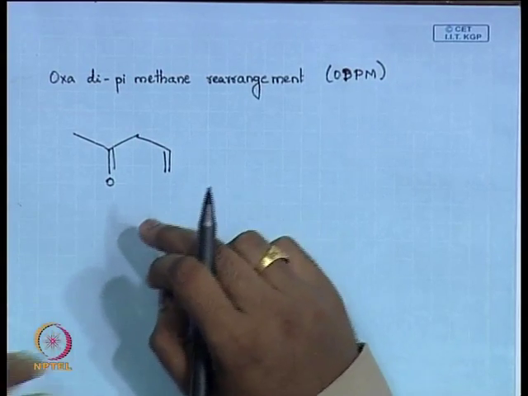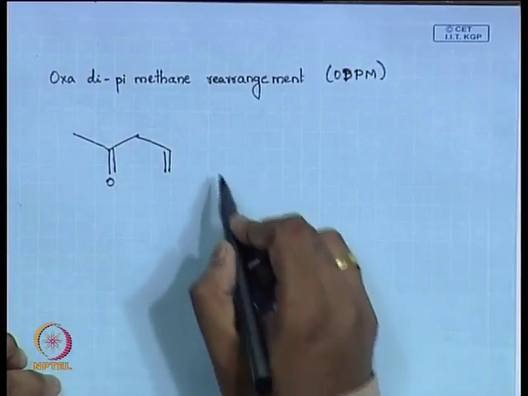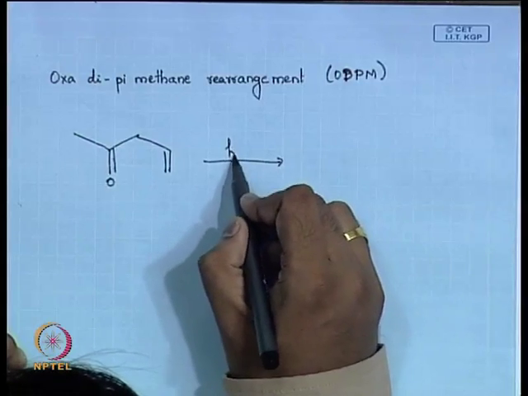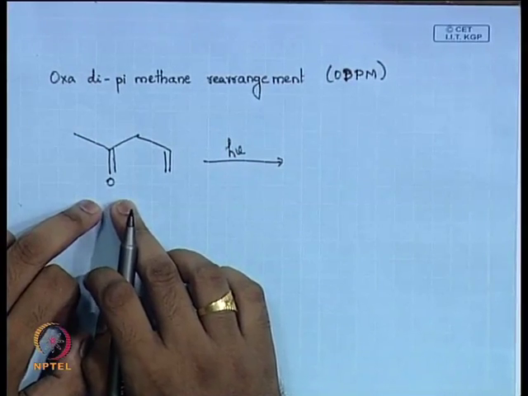See, why this reaction is important is that once you go for natural products, like most of your steroids, where you have a carbonyl system with an alpha-beta enone, they undergo a nice oxo-di-pi-methane rearrangement. Okay, we will see that example, but initially we will see how it works. It is similar to your ketone photolysis.